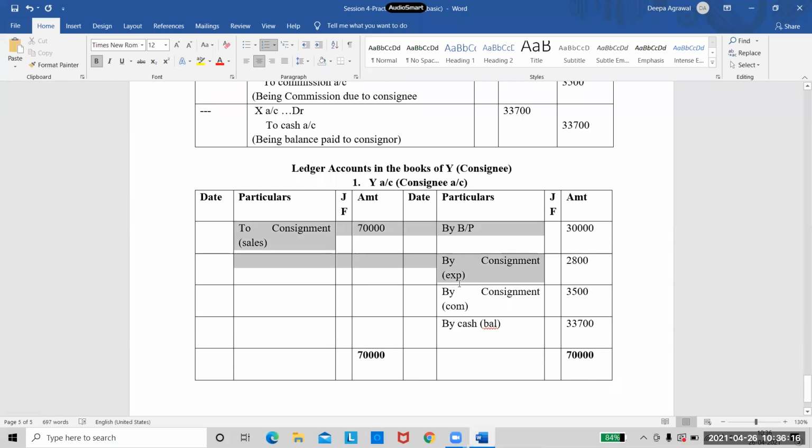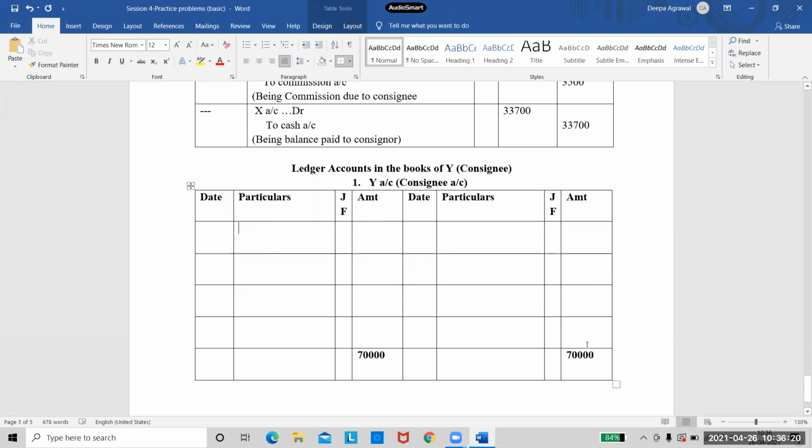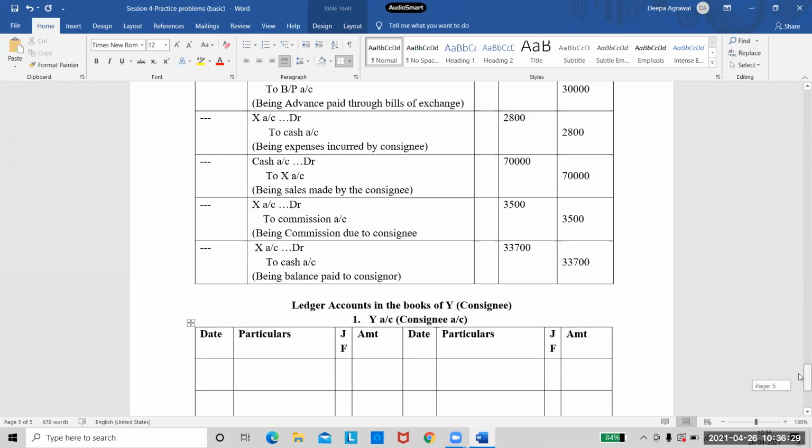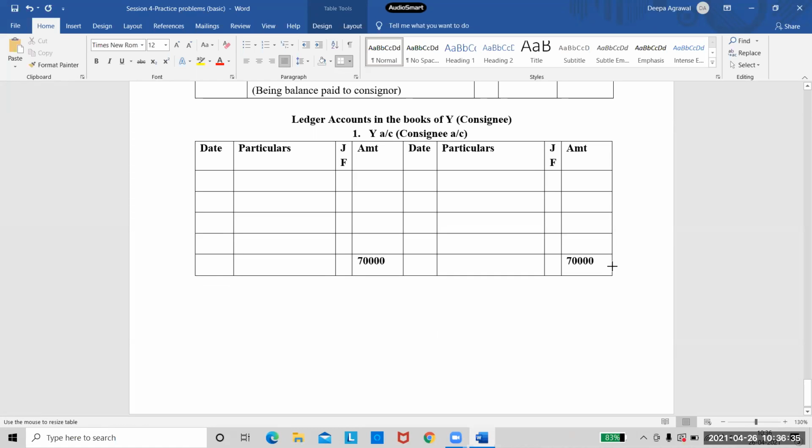Remember, consignee's account will be exactly opposite of consignor's account. The same entries, but they will appear on the opposite side, right? So draw the pro forma. I'll wait for a minute. Then we'll see the entries and transfer them into the ledger accounts. It's very simple to see the entries and transfer. It's hardly a matter of a minute.